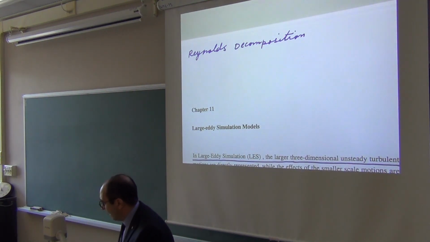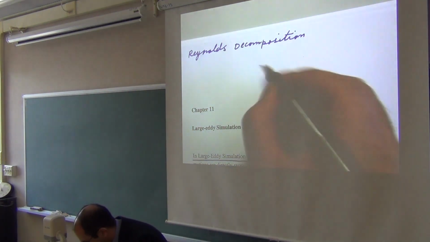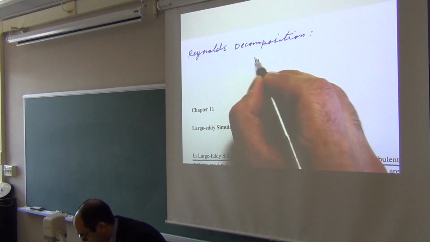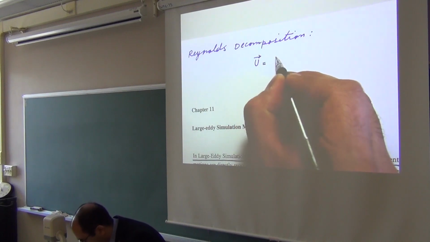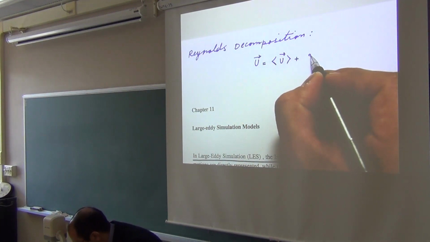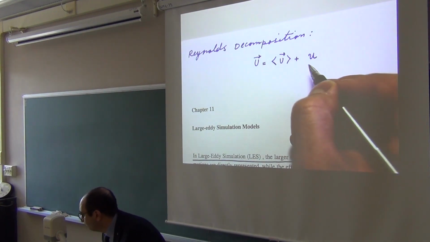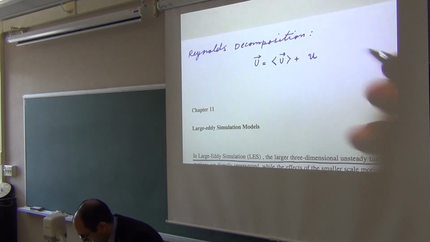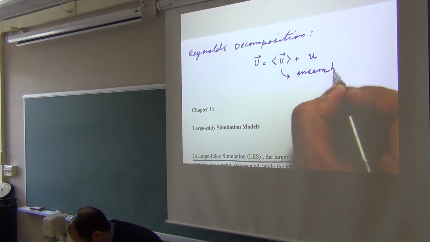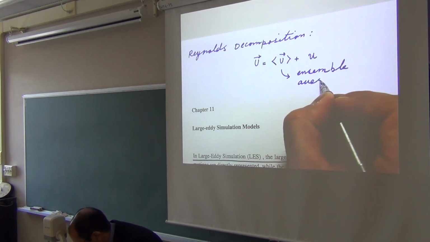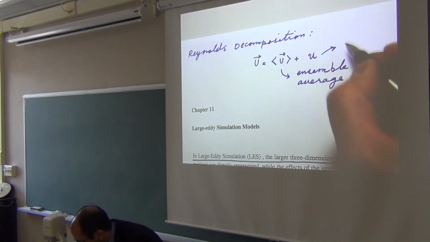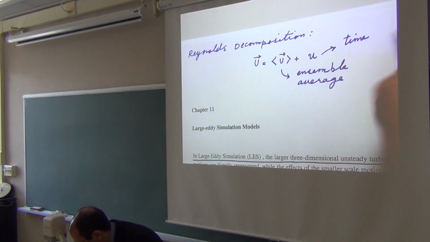You had velocity field U expressed as the sum of the ensemble average plus fluctuating.